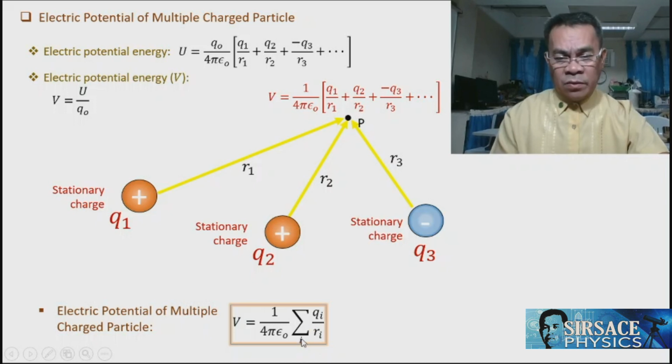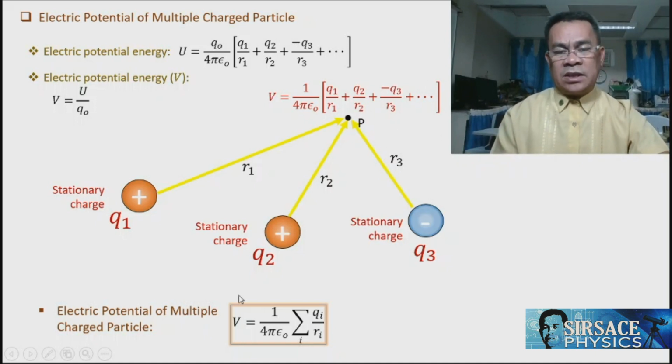The lower limit is i, so i starts from 1. This is an integer, starting from 1, then moving to 2, 3. So we sum up all Qi over Ri, starting from i equals 1. When i is equal to 1, it becomes Q1 over R1. Next, i becomes 2, so this will be Q2 over R2, then Q3 over R3, and so on.